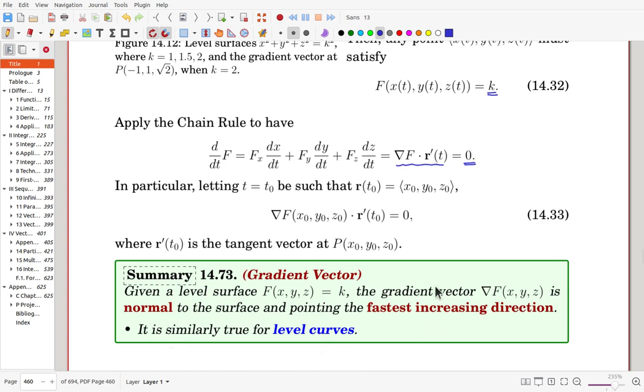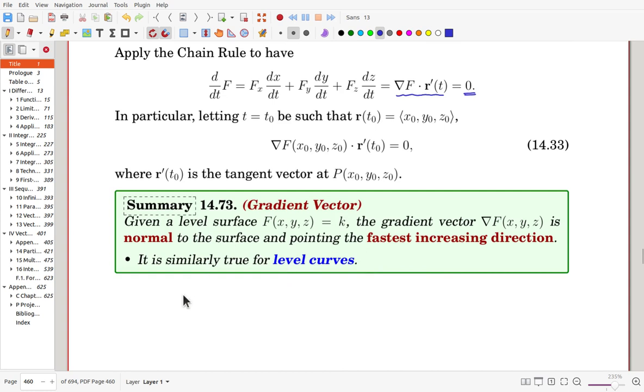It is similar to level curves. Level curves are made in this way. Now, rather than x, y, z, we use, for example, f of x, y equal to k. Then in the two-dimensional xy plane, curves will be made along with different k.